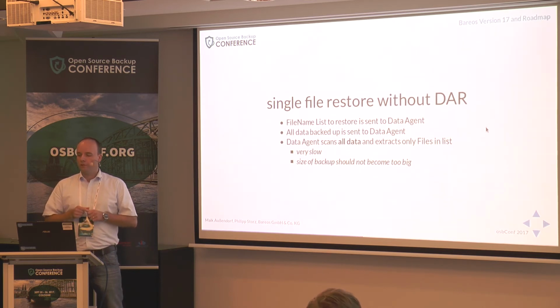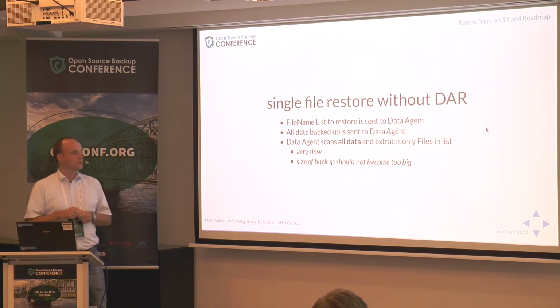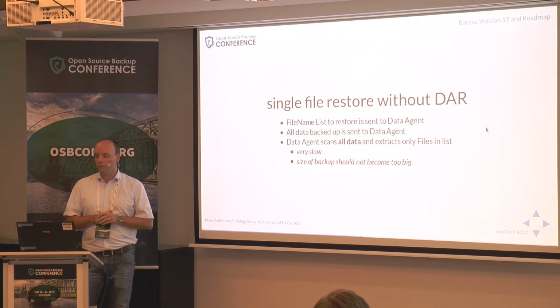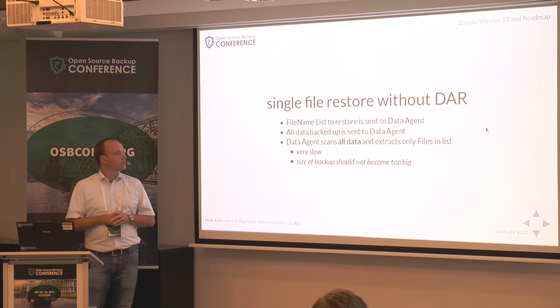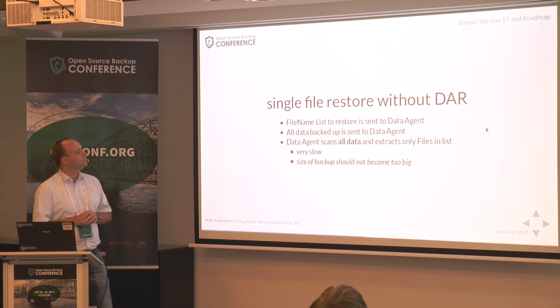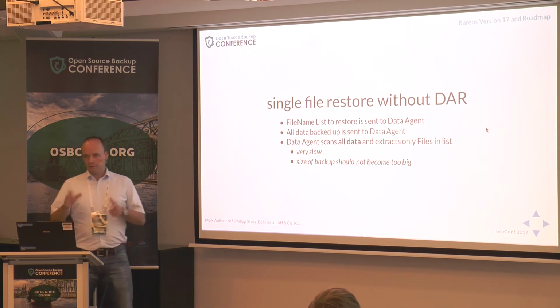If you make a single file restore of NDMP backups without direct access recovery information, which is what we had until now, we did not store the file handle information with the file in the database. So it works like this. We already have the list of files that were backed up, and then we can interactively select what needs to be restored.